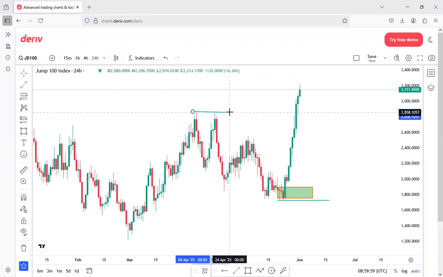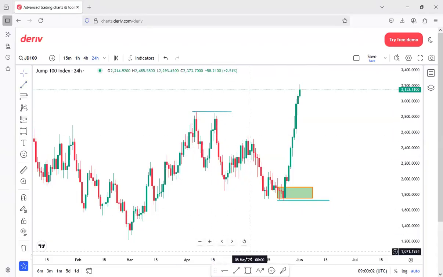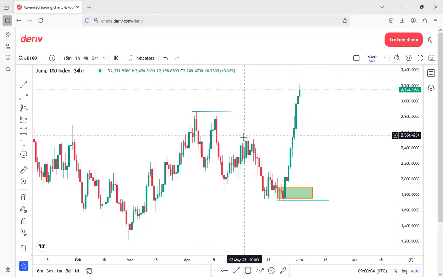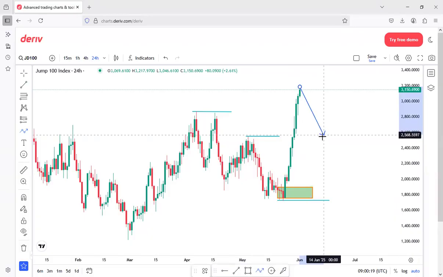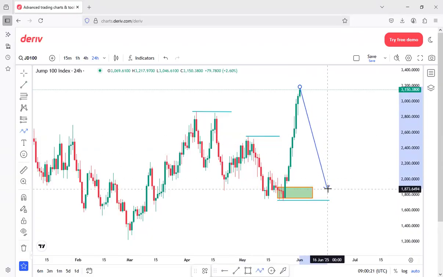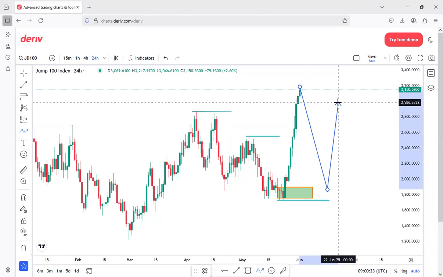And this is the high that price currently broke out. And then this is another high that price currently broke out. So here price can make a retracement on this particular zone. Price can make a retracement, it can reject on this particular zone or come all the way to this particular low before continuation of the buyers.